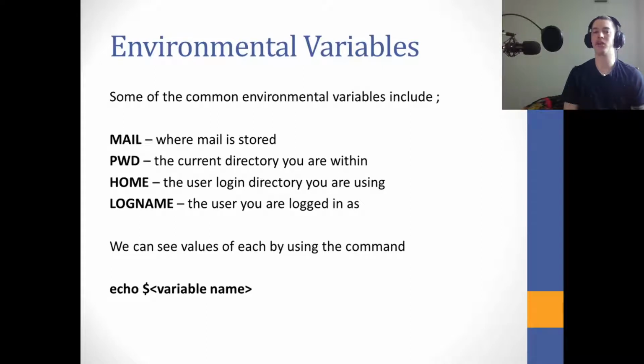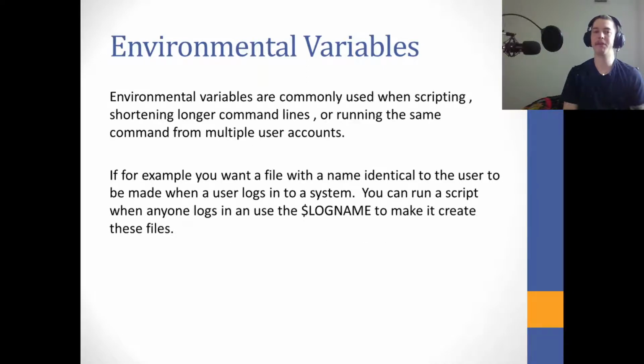So you could do echo $MAIL, which will pull the mail part, or echo $PWD for the current directory you're within, so on and so forth. Environmental variables are commonly used when scripting, shortening longer command lines, or running the same command from multiple user accounts. If, for example, you want a file with a name identical to the user to be made when a user logs into the system, you can run a script when anyone logs in and use $LOGNAME to make it create these files.